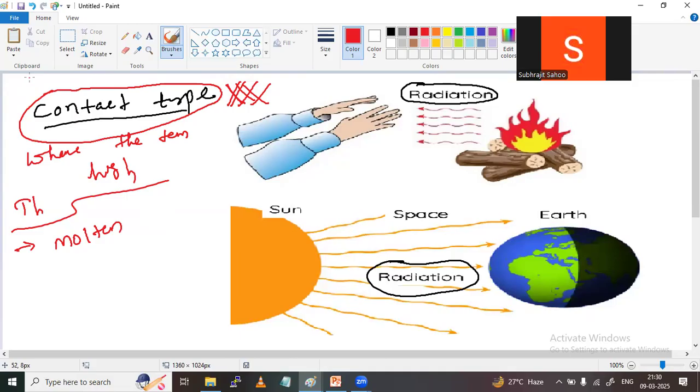But right now, I hope you understood what our topic today is. It is a special temperature measuring instrument which measures the temperature without contacting the surface of a body. If it is without contacting the surface, then definitely it works on the radiation principle.